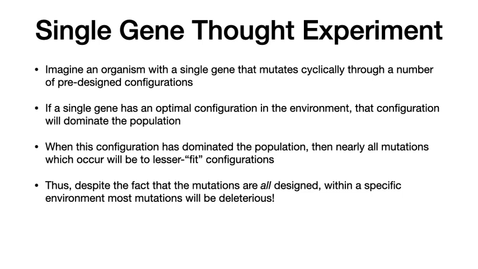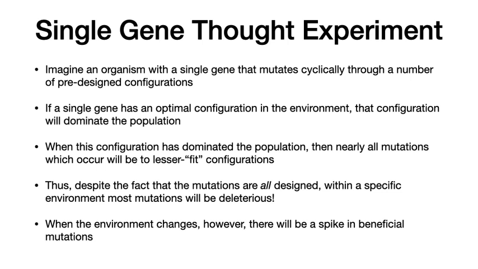Right? Now, there's an interesting consequence that I think we can use to determine whether or not my hypothesis is correct. Under this system, when the environment changes, you'll have a sudden spike in beneficial mutations. The reason the beneficial rate was so low before was that the organism had form-fitted itself to the environment, to the configuration that most matched it.